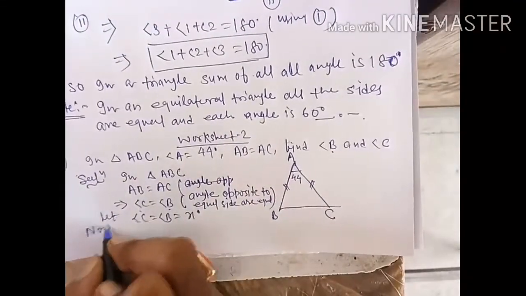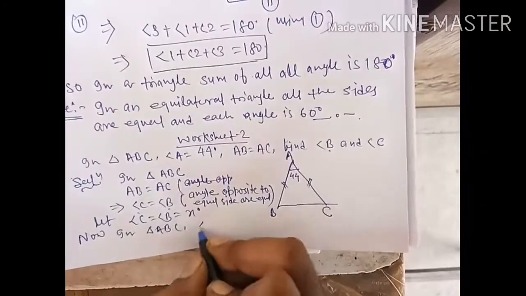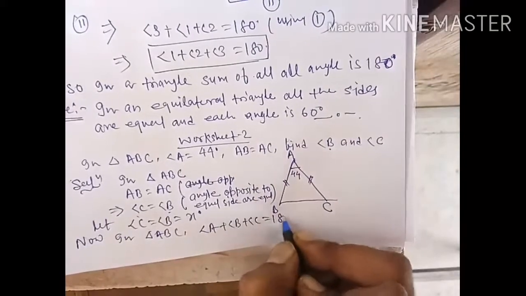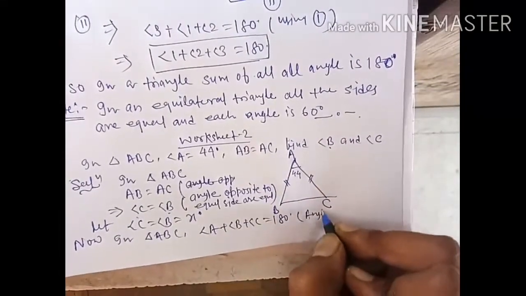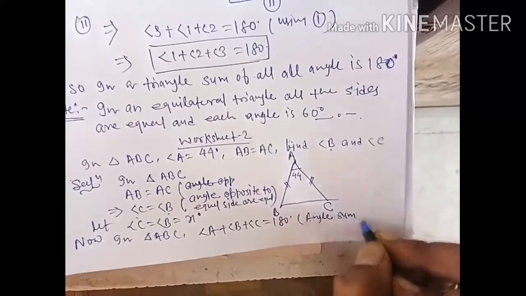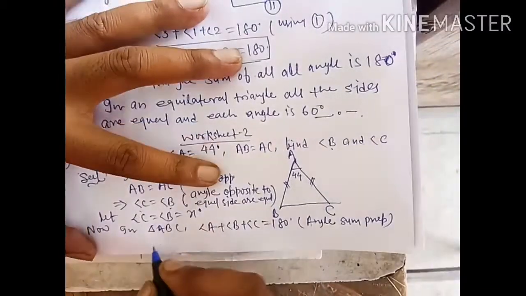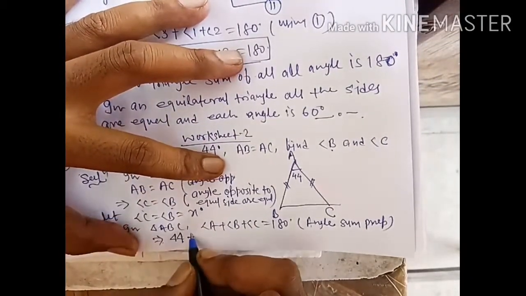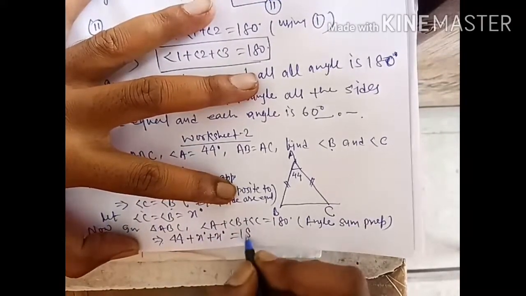Now in triangle ABC, angle A plus angle B plus angle C is equal to 180 degree. By which property? By angle sum property. Here angle A is equal to 44 degree, angle B is equal to x degree, angle C is equal to x degree, is equal to 180 degree.